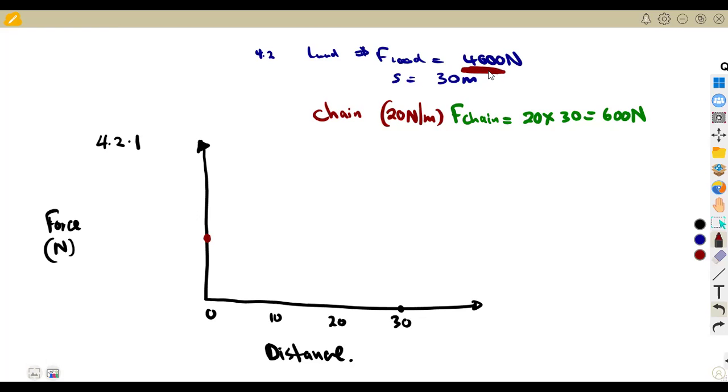At the first point, you have the load, and the load is at 4,000 Newton. That is where the load is located at this point.